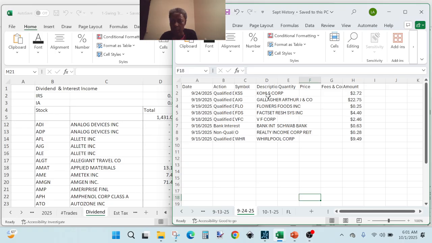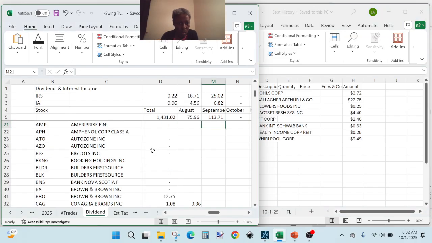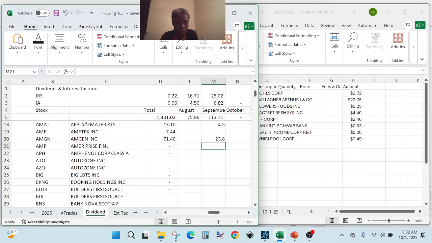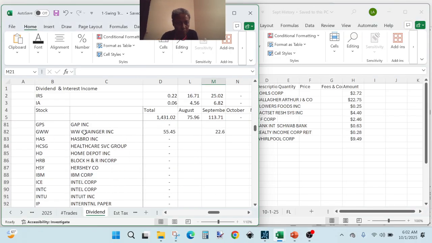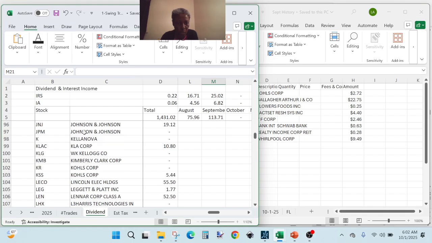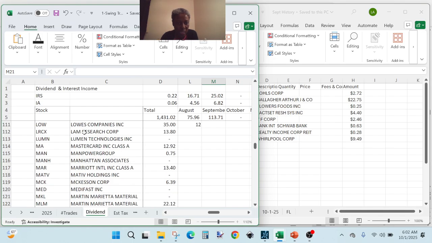So the first, maybe from the bottom, date wise. But since we have it by the month, it's good to have your stocks organized in alphabetical order when it comes to the symbol.